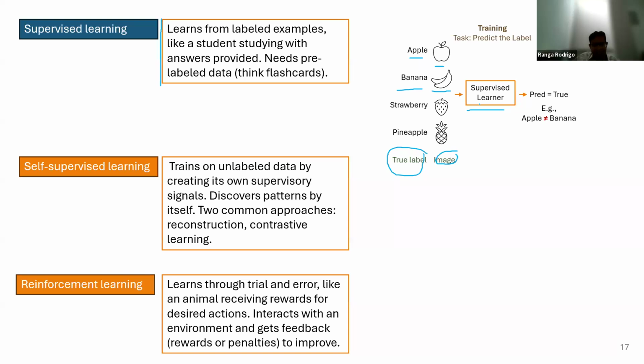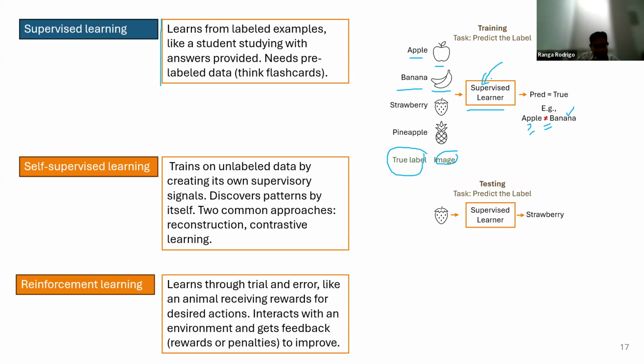When I give a banana, if it predicts banana, it's good. But if it predicts an apple, then there's a problem, so it is not matching. When it is not matching, it is a loss, and then you change the parameters of the supervised learner so that it improves its predictions. So this is the training time.